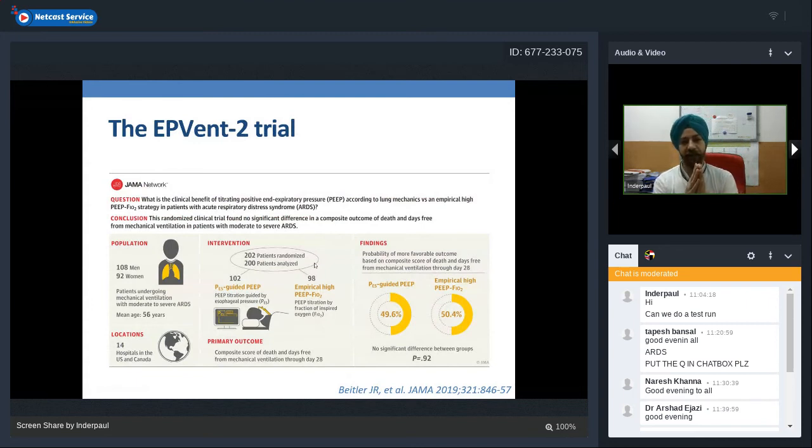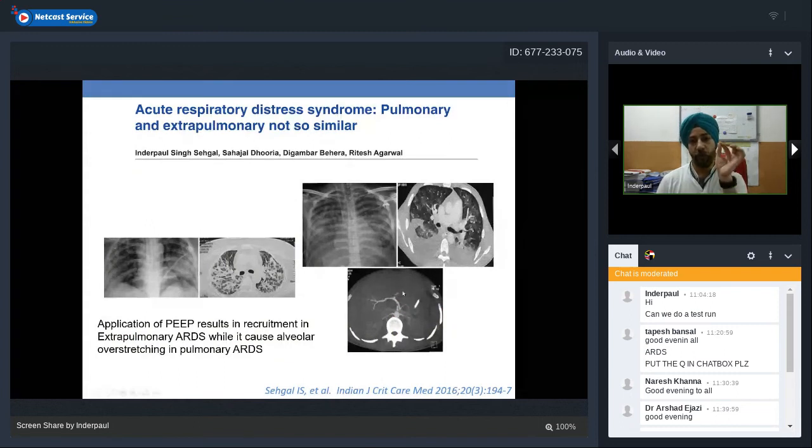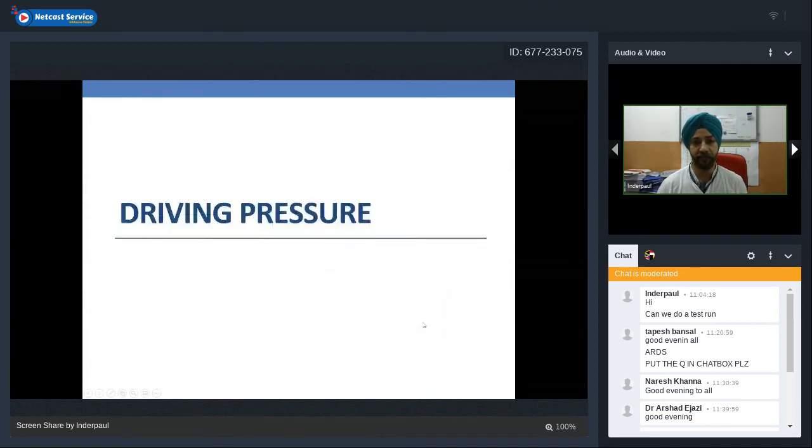Plus, I had also told you initially that some of the patients with extrapulmonary ARDS would benefit from setting up of a higher PEEP. So what we feel is that this strategy would be best suited for patients with extrapulmonary ARDS, as was highlighted in one of the cases that we saw.